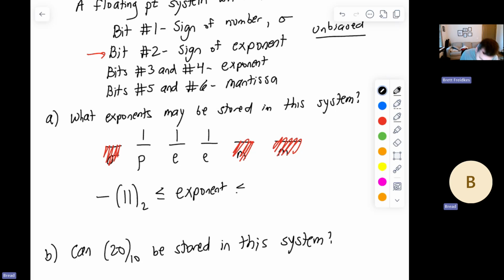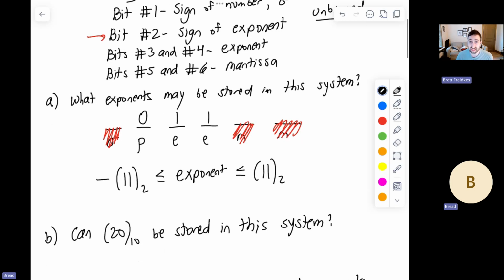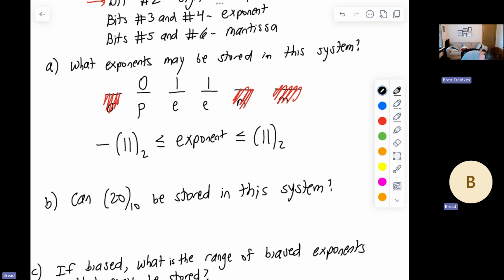Similarly, if I were to make it positive, the only thing that really changes is that this is a 0 now, saying it's positive, and the biggest exponent on that end is positive 1, 1. If we were to convert these to base 10, this would be negative 3 and positive 3.